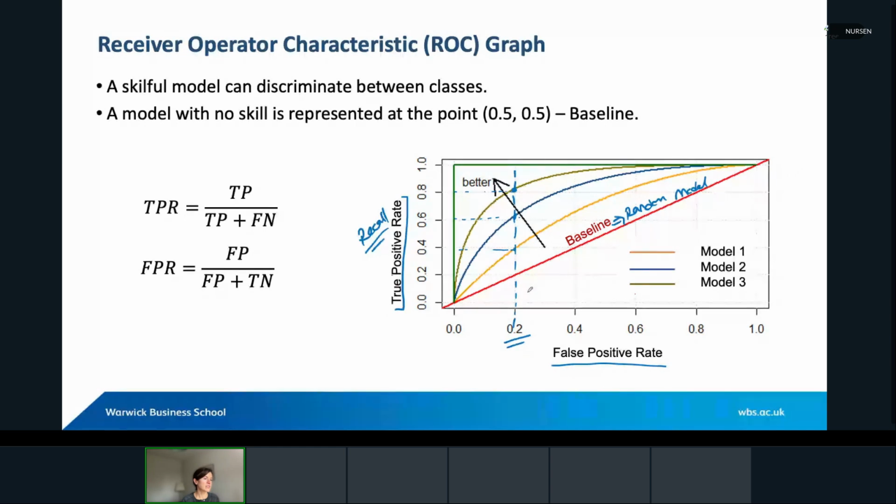That means with a false positive error rate of 0.2, if we use the random model, we can identify 20% of actual responders. And a good model should definitely be better than the random model. But when you compare different models, the closer to the upper left corner, the better the model, since it can identify more responders with less error.